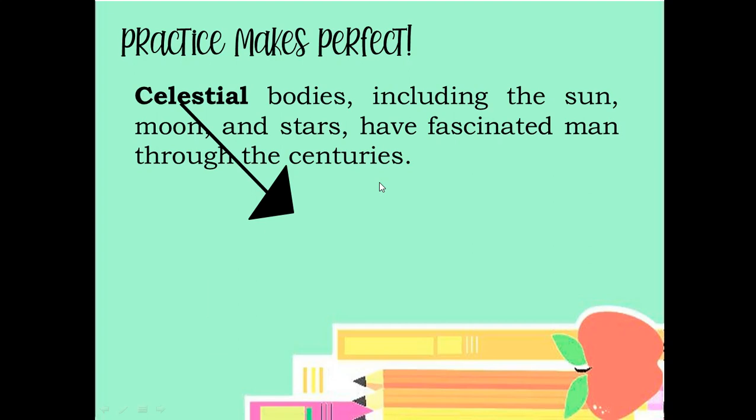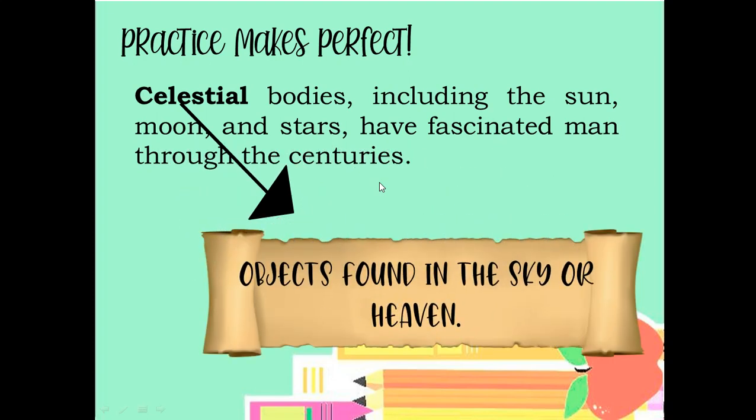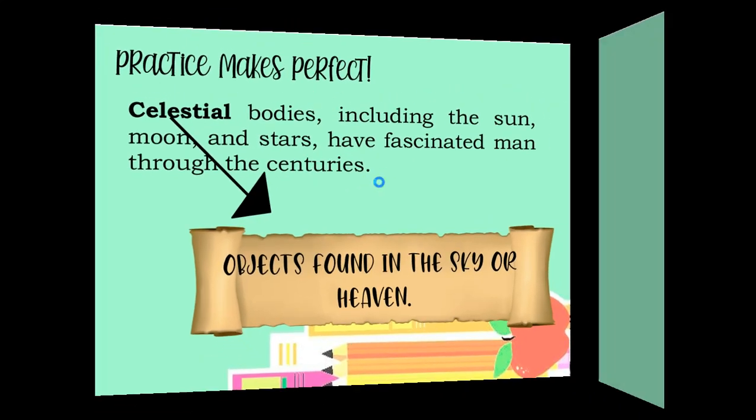Let us identify. This can be, that's correct, objects found in the sky or heaven, because sun, moon, and stars can only be seen in the sky or heaven. Definitely, celestial bodies are objects found in the sky or heaven. That would be context clues.